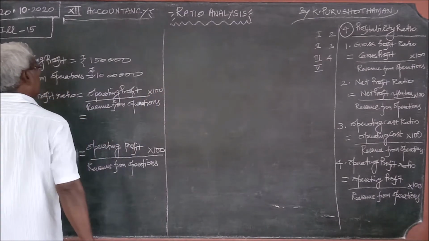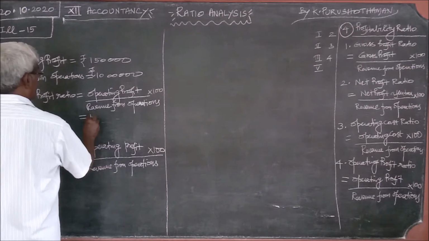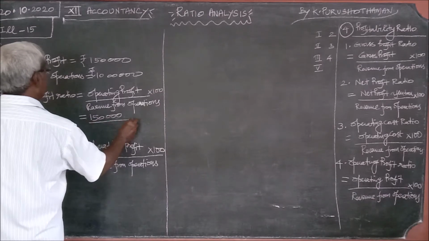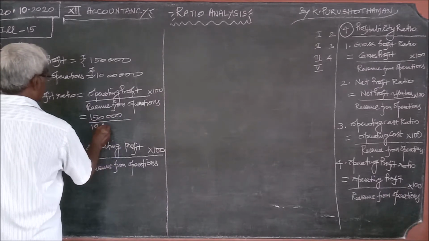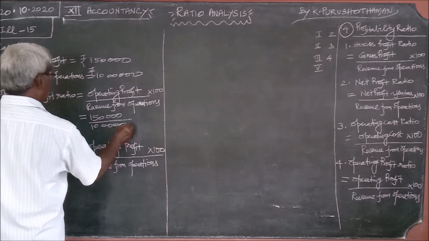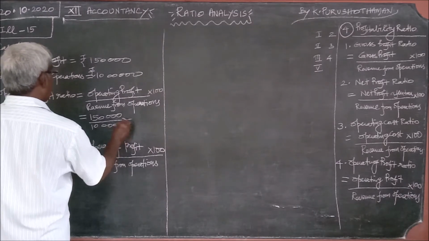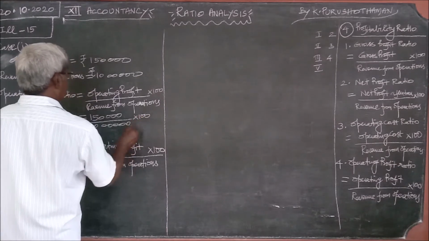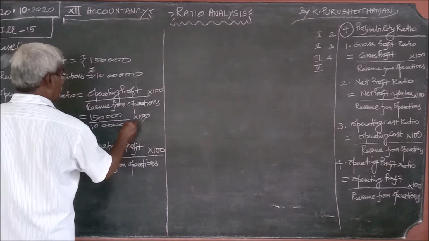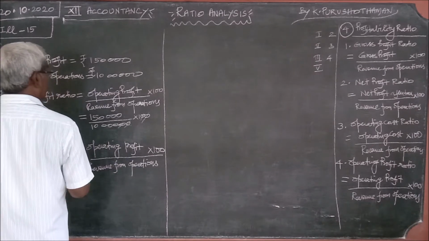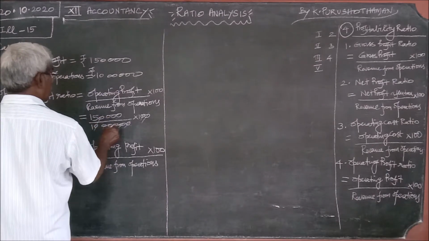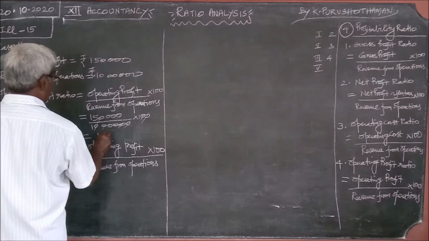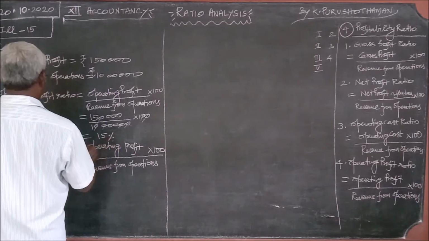Operating profit is given straight away, 1,50,000. The denominator, revenue from operations, is 10 lakhs. So, 1,50,000 divided by 10 lakhs into 100. You can simplify 2 zeros here and the remaining 4 zeros here. 15 by 1, it is 15% in the first case.